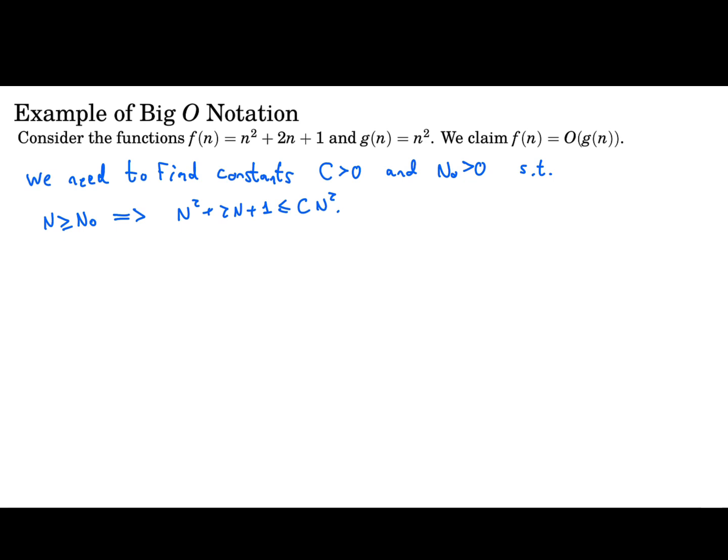One convenient choice here is to take c equal to 4 and n0 equal to 1, and then indeed if we look at it, n squared plus 2n plus 1 will be less or equal, since this 1 here is smaller than n squared for n larger than 1, to n squared plus 2n squared plus n squared.